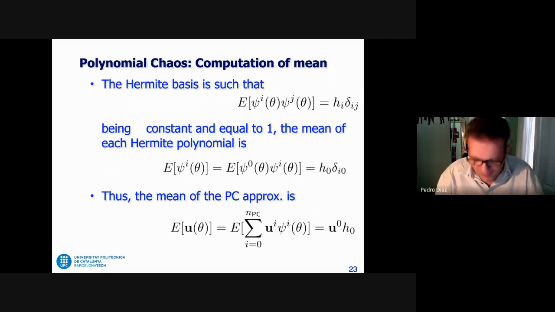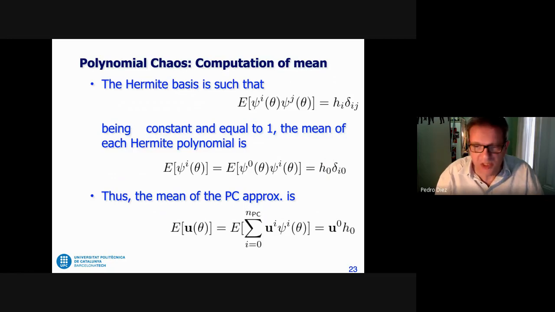The orthogonality results in a 0 average for the product of two different Hermite polynomials. So the average of one of them is just the product of u0, which is a constant vector, times the constant polynomial psi 0, and that means it's going to be h0 times the delta i0.